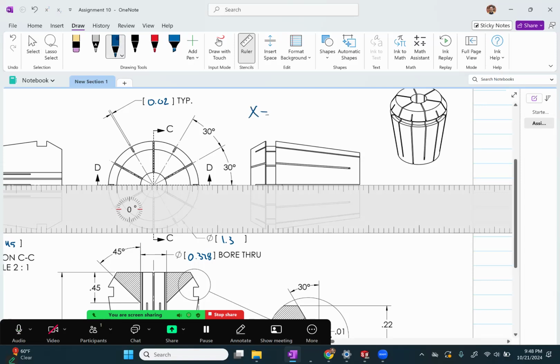So x is equal to 0.45 divided by 6.25. And we said this was 14 and a half. 5, 10, 15, 14. Yeah, about 14 and a half.